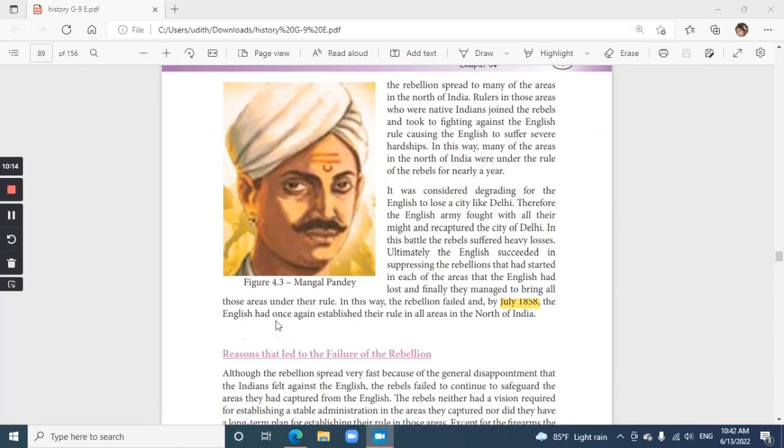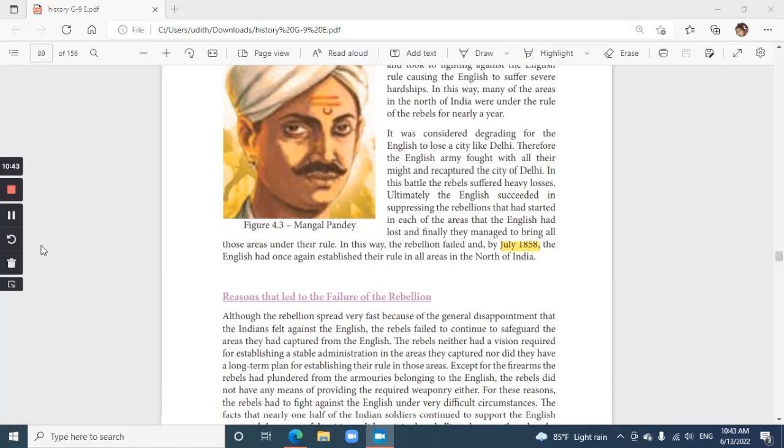The English considered the loss of the city of Delhi a very big loss to them. Why? Because the city of Delhi is the capital city of India. So therefore the English had to fight hard with these Sepoy soldiers to recapture the city of Delhi, and there were different kinds of battles, and the Sepoy soldiers suffered in these.